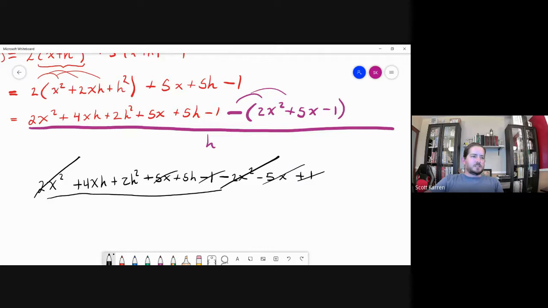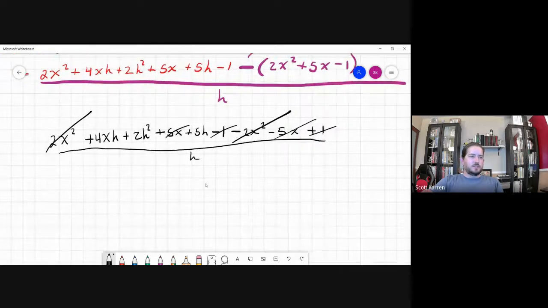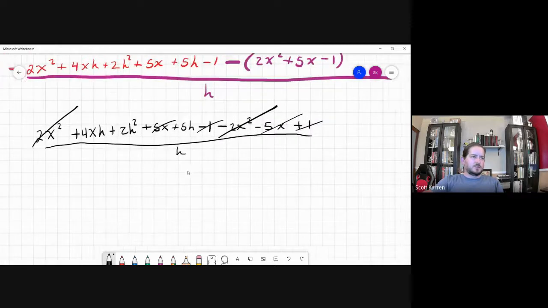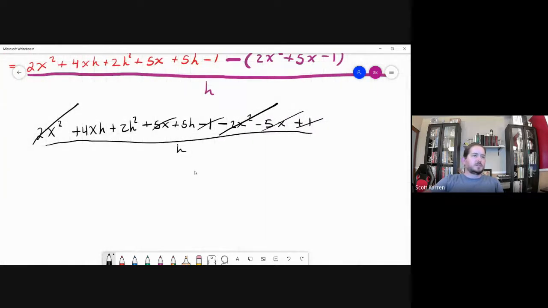All of this is still over h. But with what I've simplified, the only thing I have left are these terms up top, 3 terms, sorry. I've got 4xh plus 2h squared plus 5h, all divided by h.